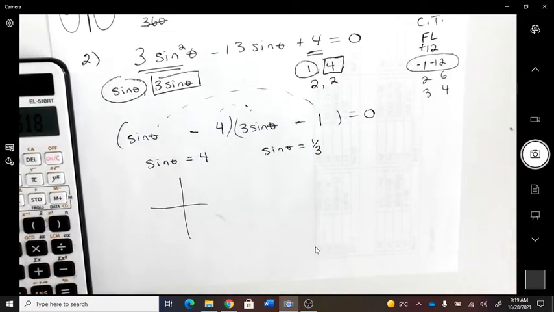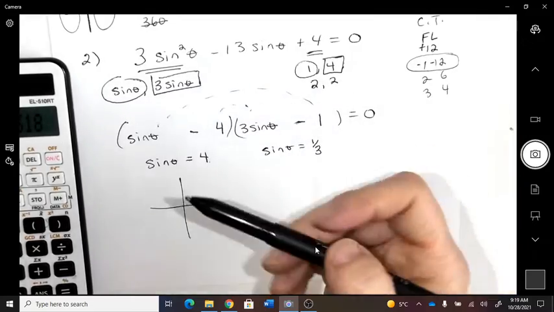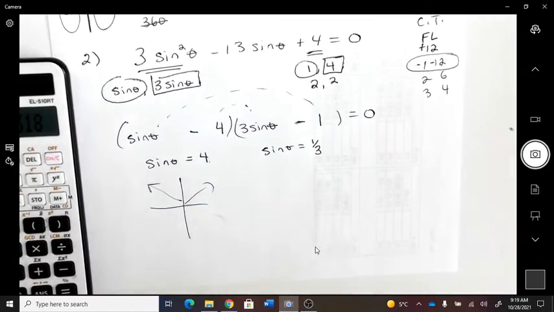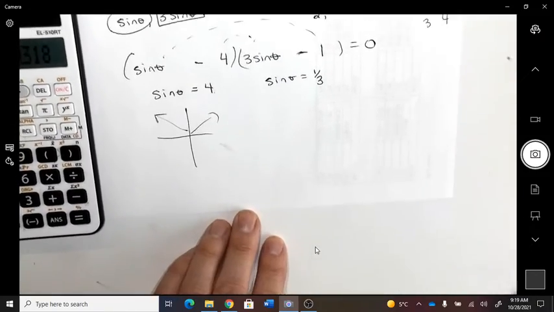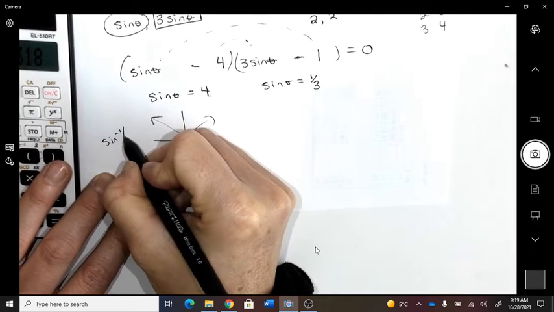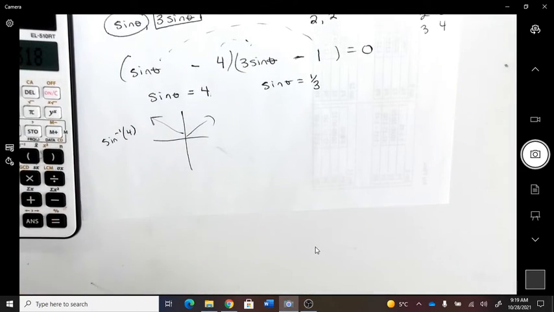Okay, so here we go. 4. Trig value, positive, sine positive. I'm going to sine inverse 4.